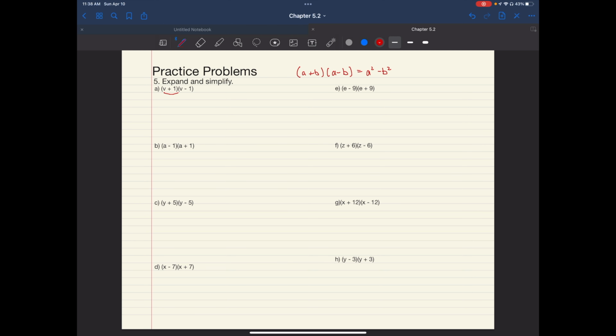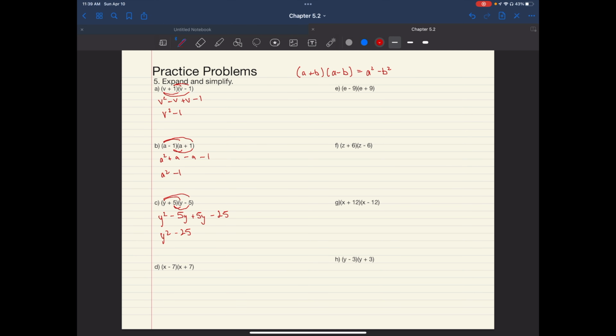So let's go through. v squared minus v plus v minus 1, v squared minus 1, a squared plus a minus 1, a squared minus 1, y squared minus 5y plus 5y minus 25, y squared minus 25.